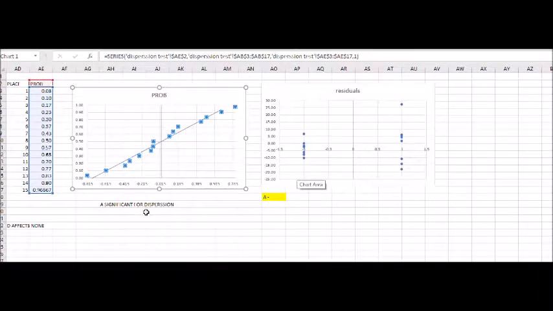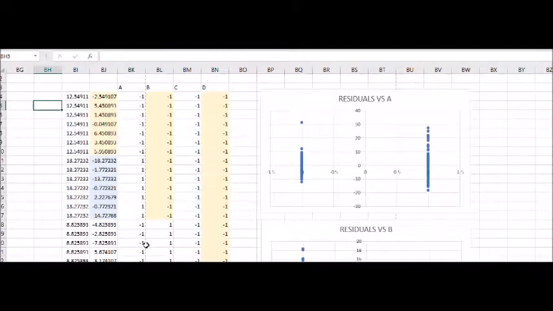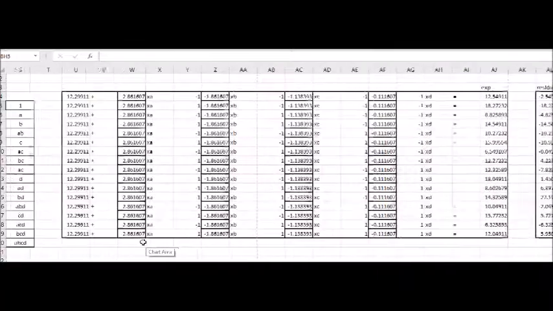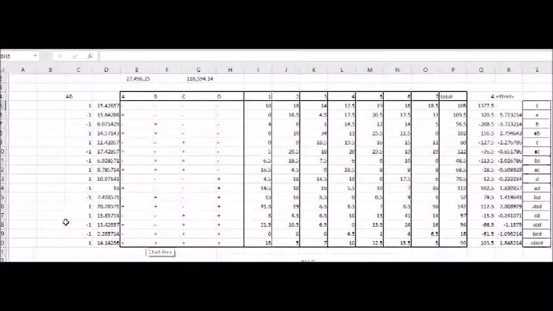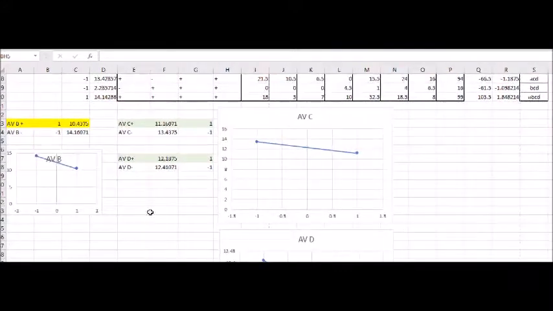Because A is significant for dispersion, we can plot it against our residuals to see at which level it's more accurate. Here we found that A in the low level is the optimum. For the other factors, we are going to take the average in high and the average in low to see where the distance is smaller.